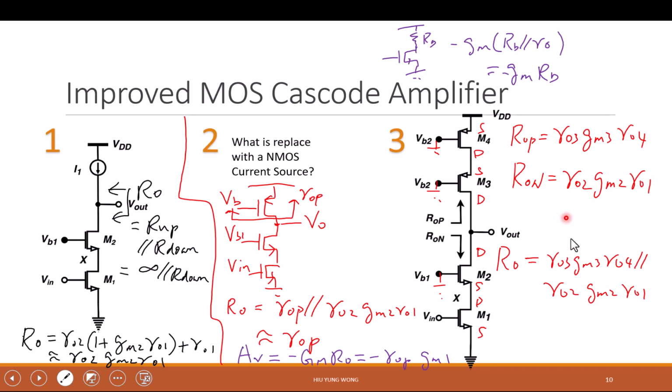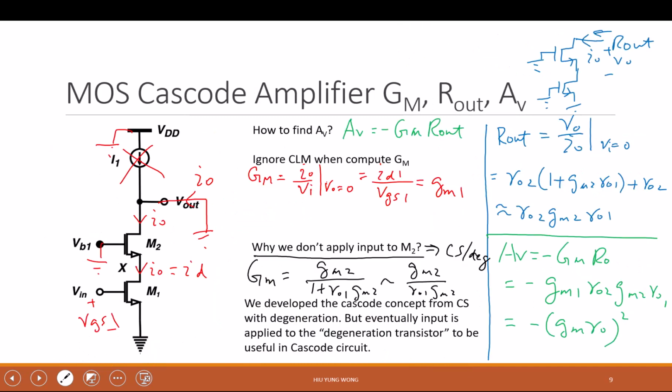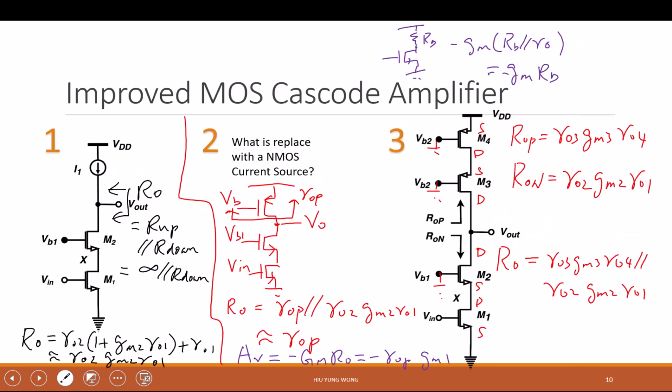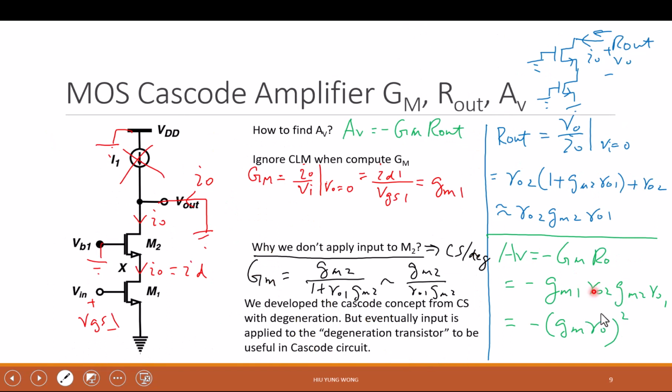Simplify what? Okay, here is not really simplified. Let me emphasize, I don't simplify. I just claim that they have similar magnitude, and then I call it GM. Just an idea. Say, oh, this is just transconductor times RO. So this is not really a simplification.